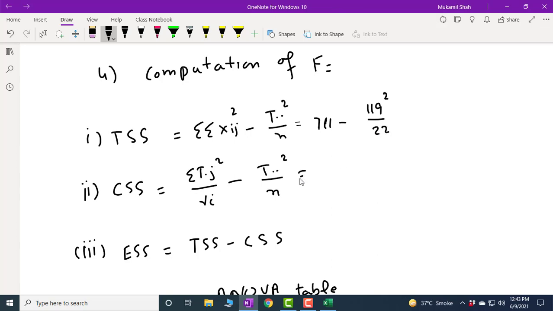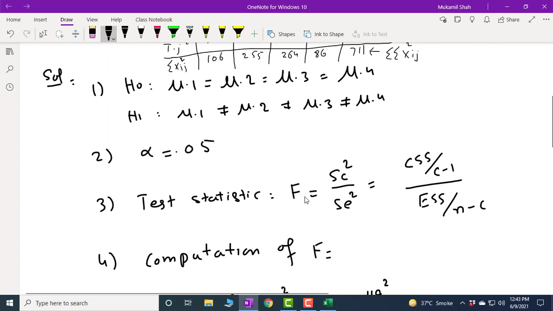Similarly, summation t dot j square is equal to 3889, but you don't need to add these values up. You don't need this sum over here. The reason is you have different rows for different t dot j square. So how can we calculate this thing?